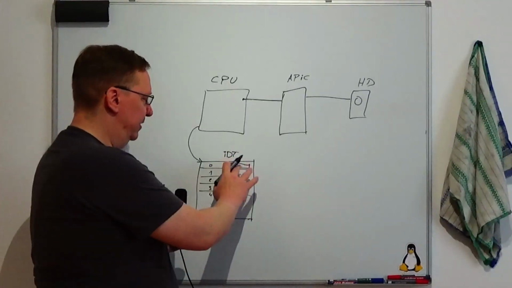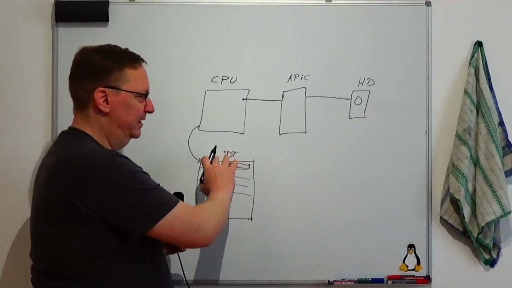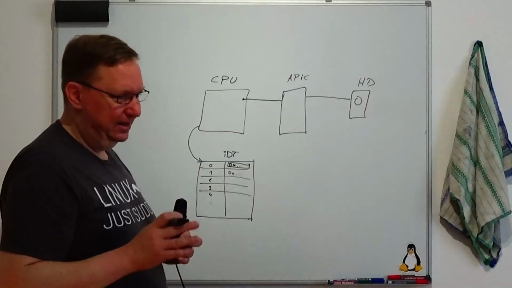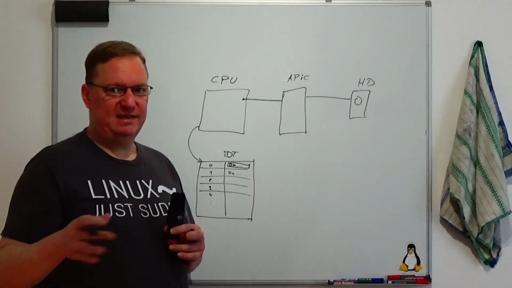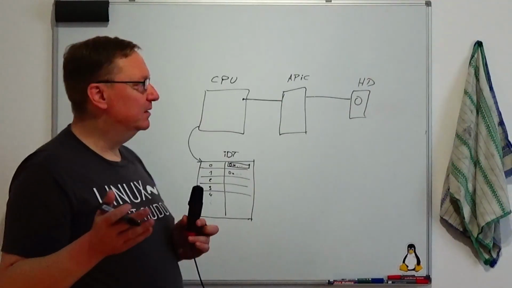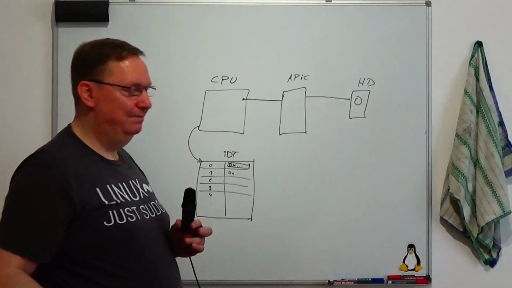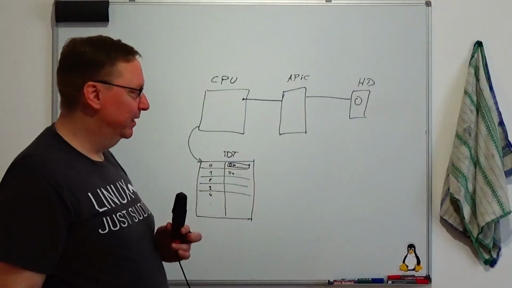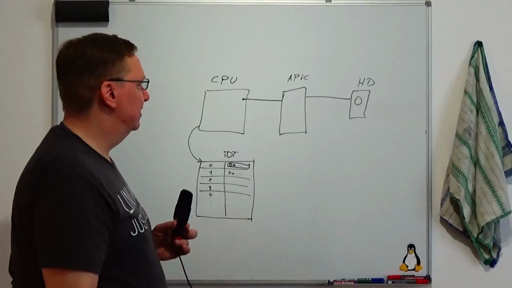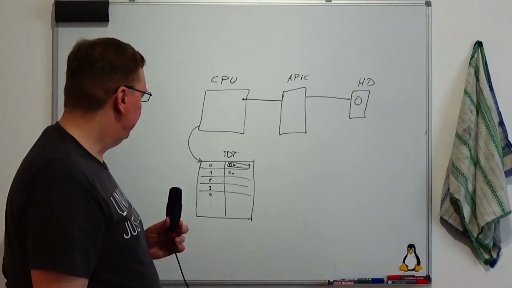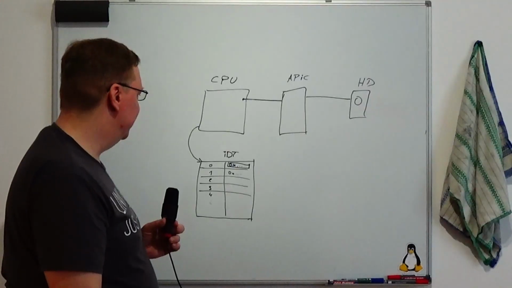Now, if the interrupt handler does anything, it will probably overwrite some of the registers of your CPU. I mean, this is code, and code just changes registers. Like when it does some computations, that changes registers.